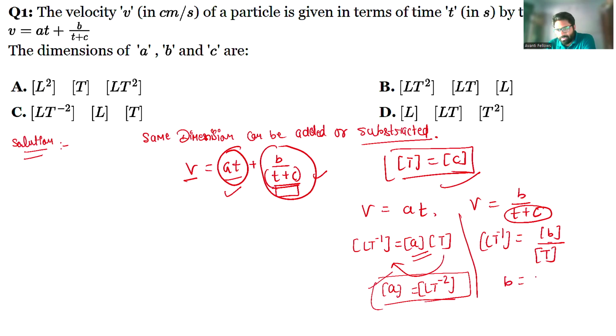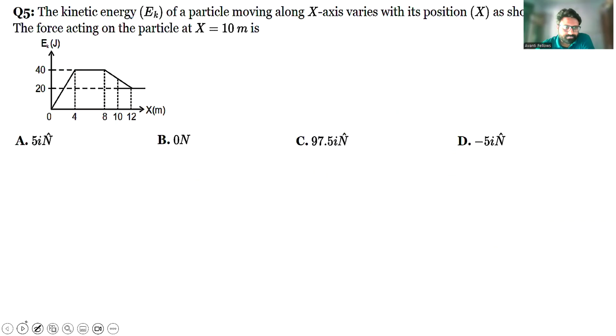So B would be LT minus 1 into T, which gives L. So the dimension of A is LT minus 2, the dimension of B is L, and the dimension of C is T. Option C represents the correct option. Option C is right.